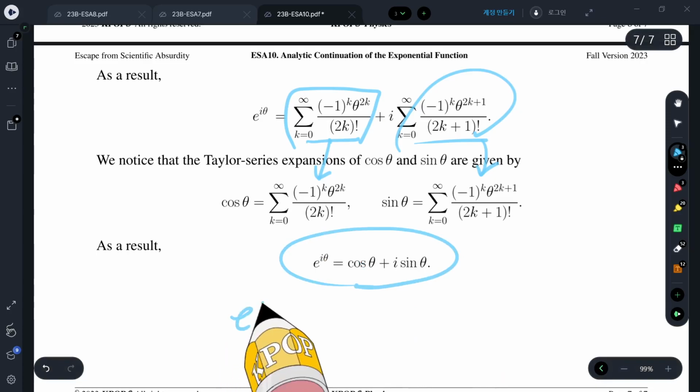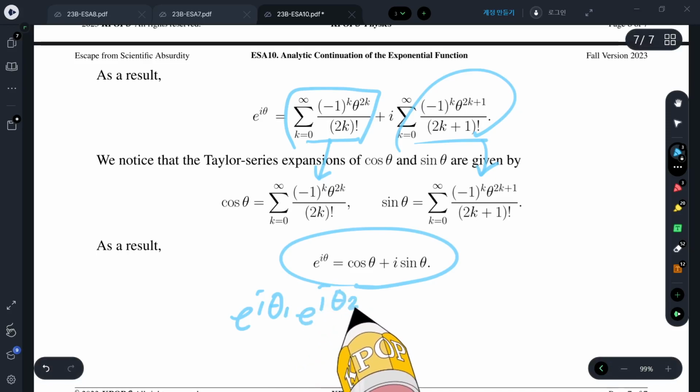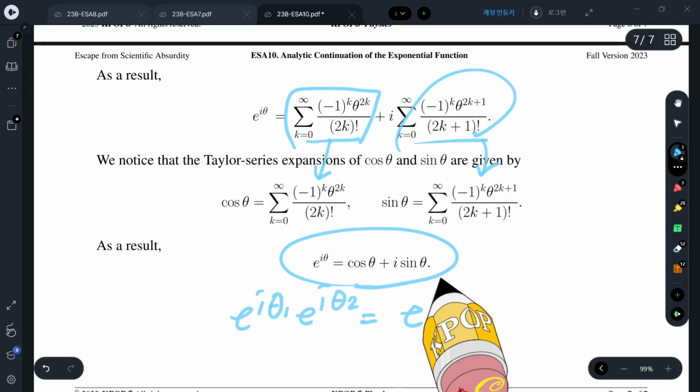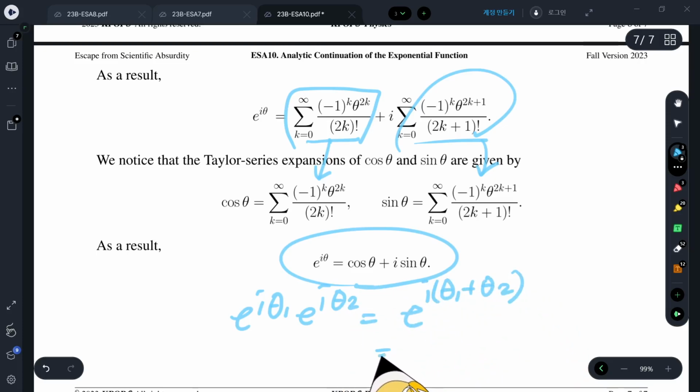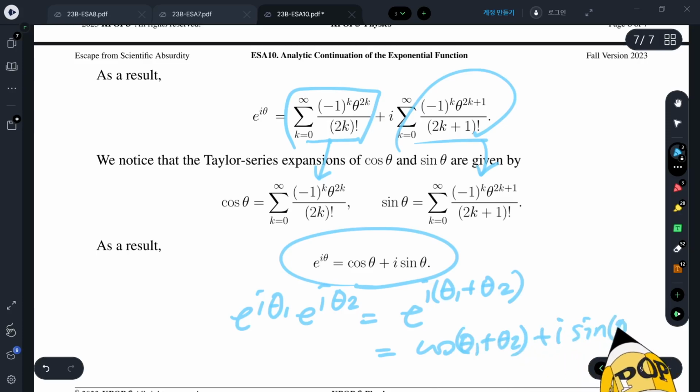Therefore, if we have e to the i theta 1 times e to the i theta 2, and actually law of exponent will give this, and you have cosine of theta 1 plus theta 2 plus i sine of theta 1 plus theta 2.